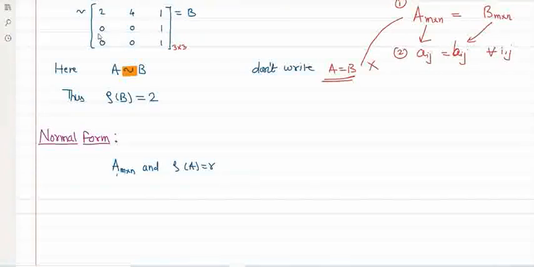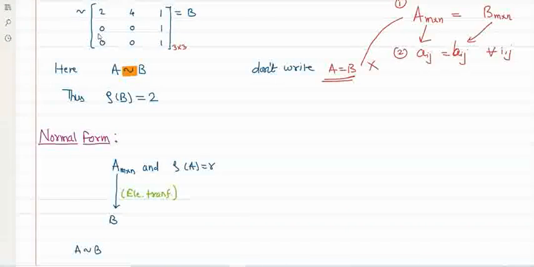Then from this matrix, we are obtaining a new matrix B which is equivalent to A. Okay, here this A and B are equivalent. Means what you are doing? You are obtaining this matrix B from a matrix A by applying elementary transformation.